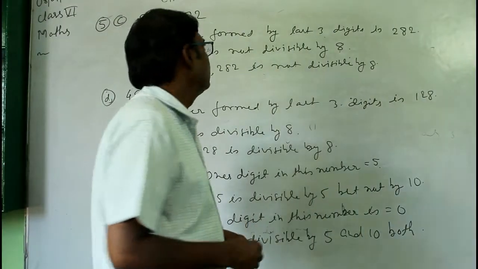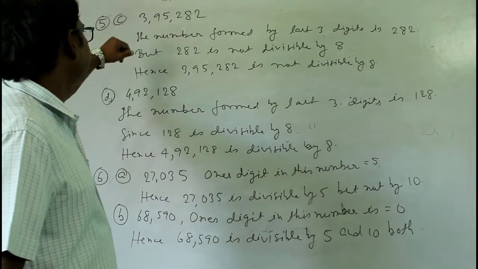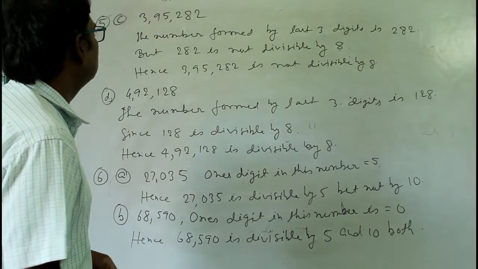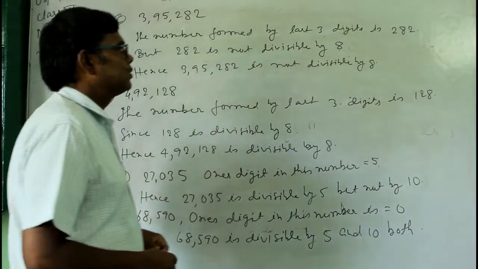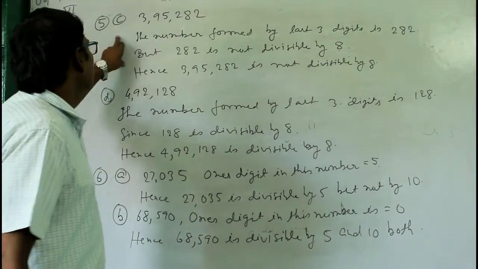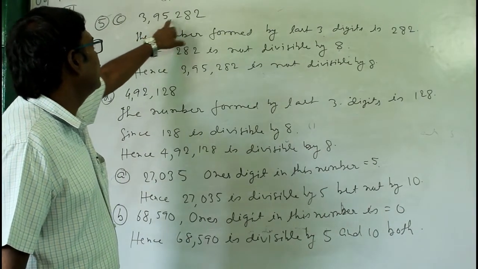Okay, so this is question number 5C, and in this we have to test whether a given number is divisible by 8. So here is question C, and this is the number 3,95,282.